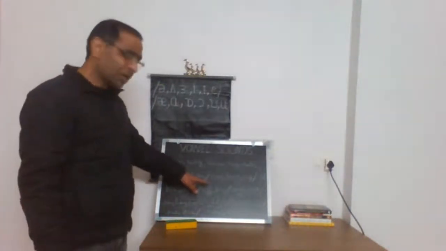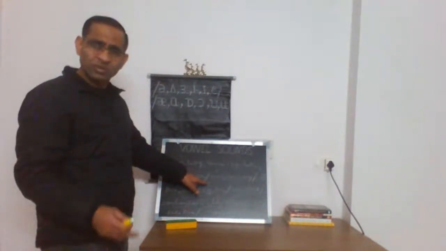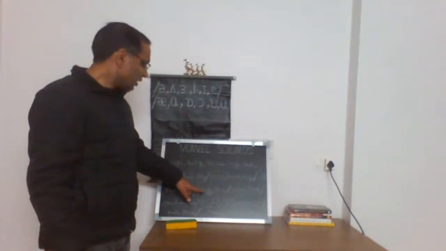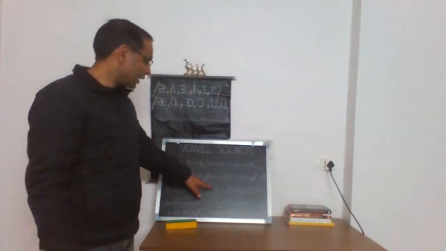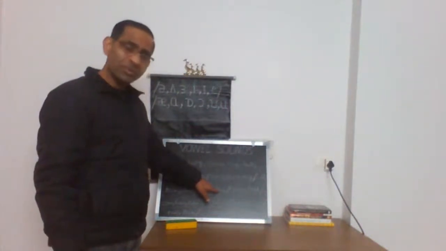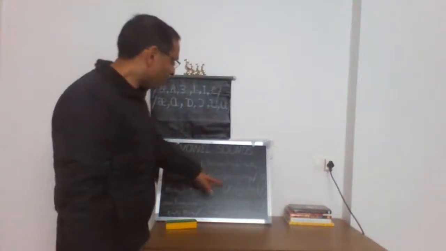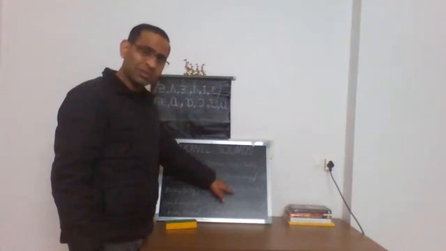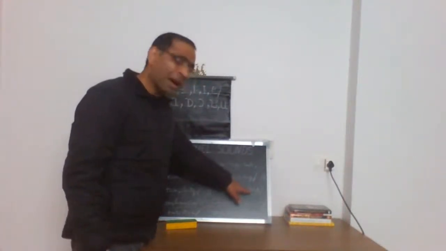Coming to the a sound, which I told you does not exist in Hindi, we use it in ag as initial sound, and in ten as a medial sound. Then long a, we use it in and as initial sound, and in bad as the medial sound.